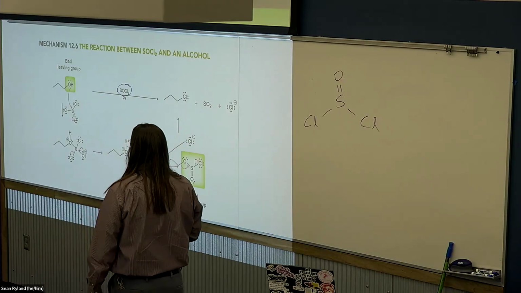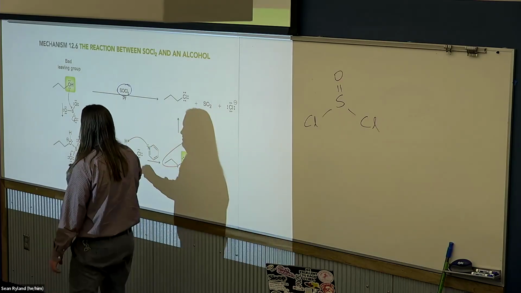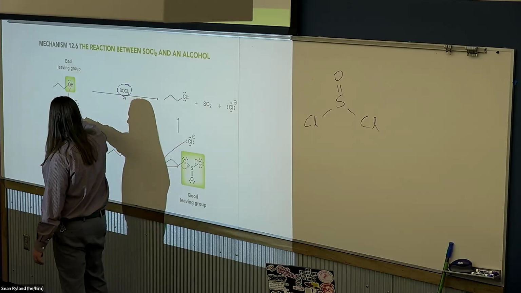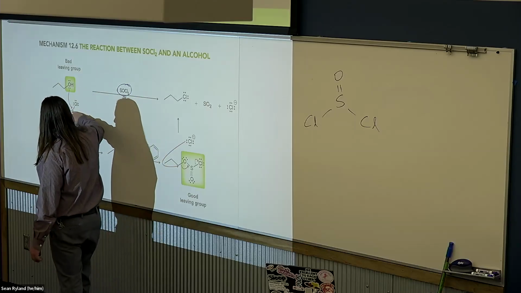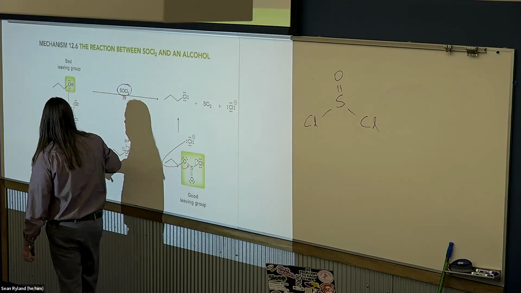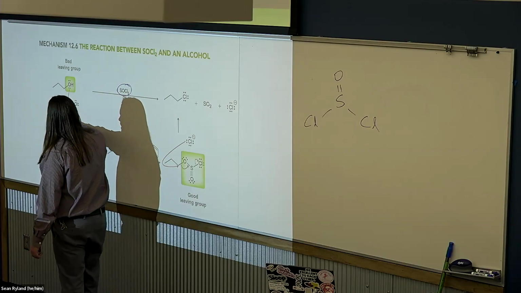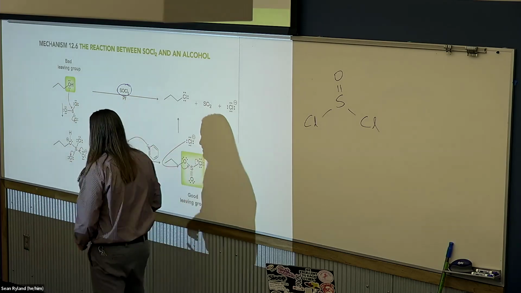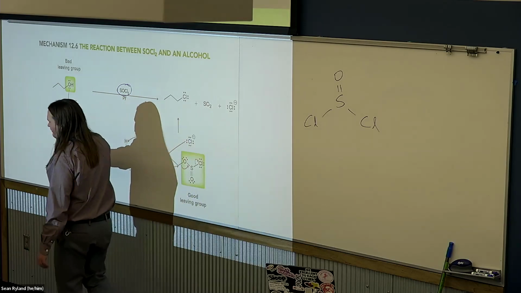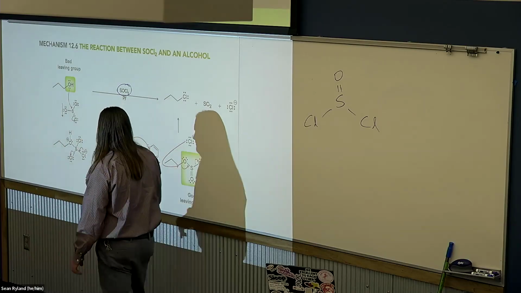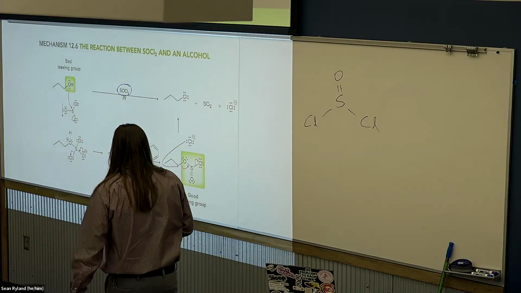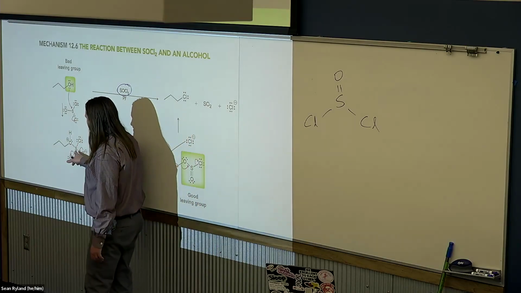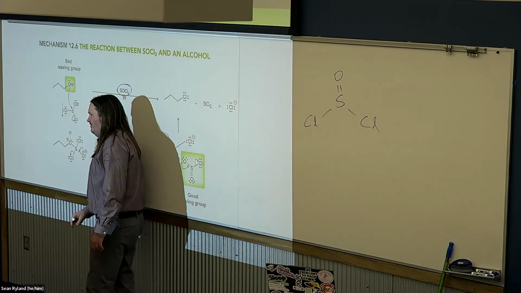So we're going to replace the sulfur chloride bond with a new sulfur oxygen bond instead. So your oxygen lone pair attacks the sulfur. And in doing so, you break the sulfur oxygen pi bond to make this tetrahedral intermediate for a second. And then, similar to other reactions we've seen in the past, we're just going to kick off the leaving group and reform the pi bond.